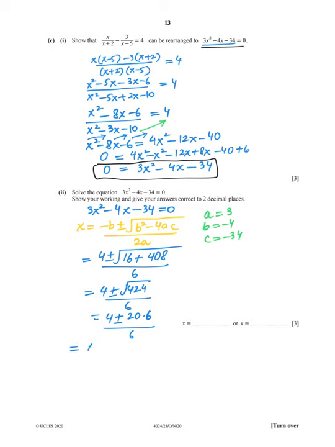So firstly it will be 4 plus 20.6 divided by 6 and 4 minus 20.6 divided by 6. So 4 plus 20.6 divided by 6 leads to 4.1, right? And 4 minus 20.6 divided by 6 leads to minus 2.7. These are your final answers.